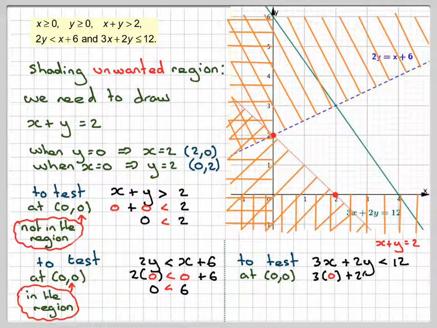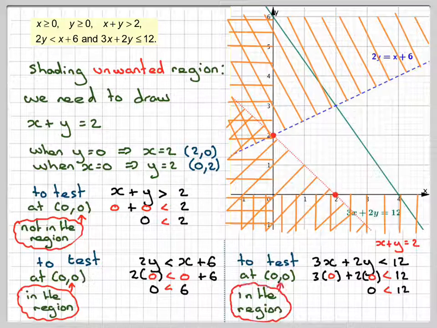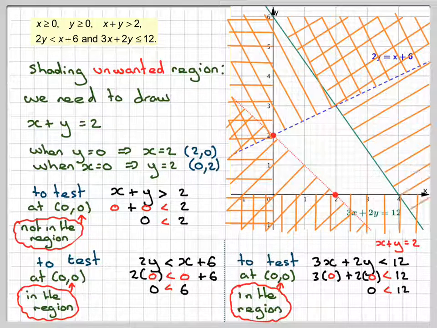We get 3 times 0 plus 2 times 0, and we've got 12, so 0 and 12. 0 is less than 12, so the inequality goes that way round. These then agree, so that point is in that region. Again, we can forget that we've already shaded everything. We just look at that line on its own, and then shade the bit that we don't want, which is that. Very clearly, it leaves a region here, which is going to be R.